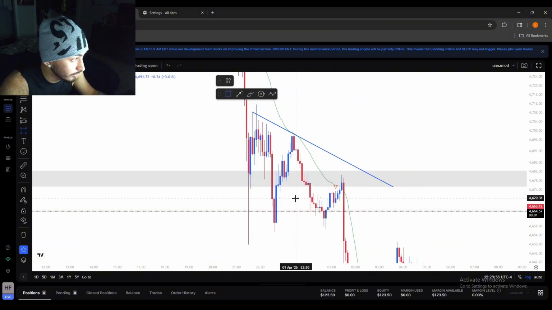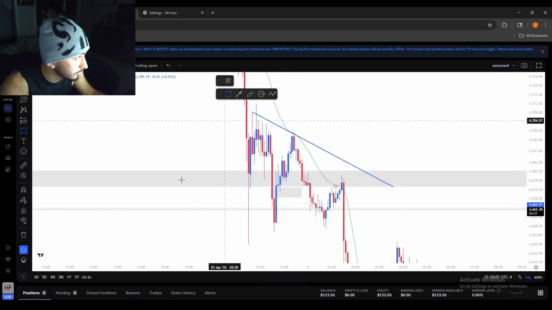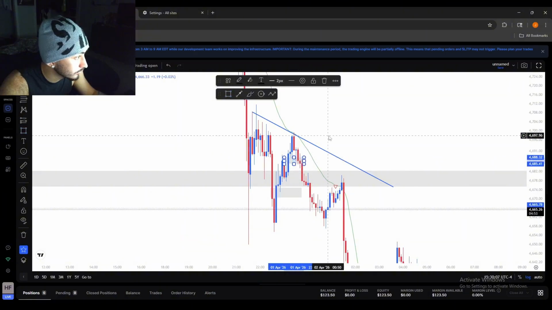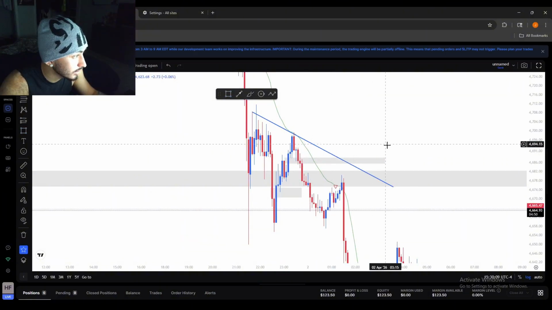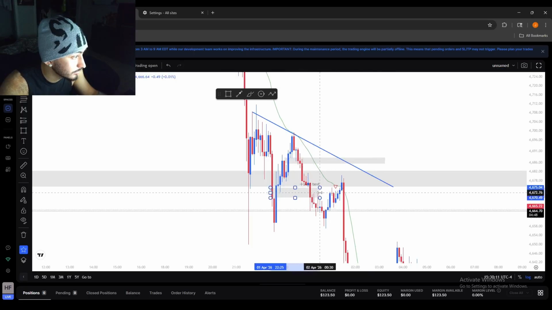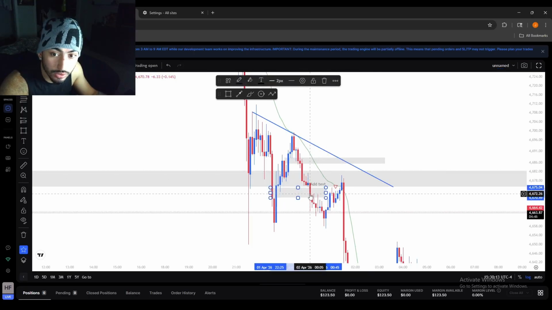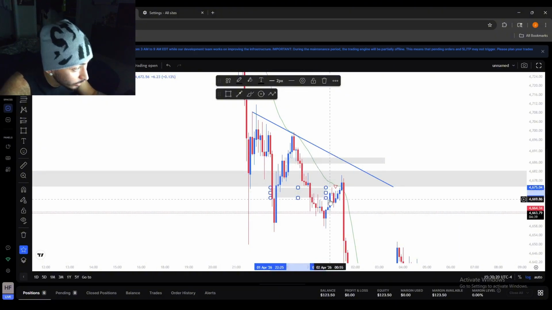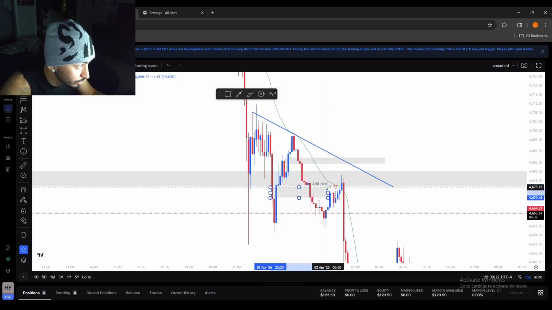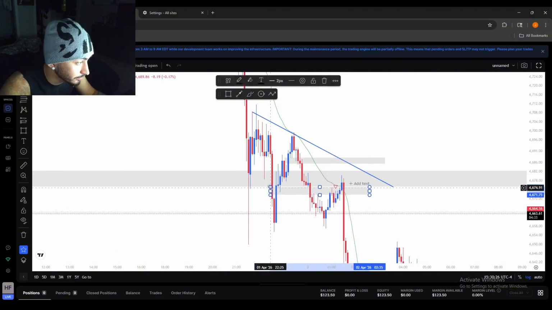So we can see that first it was bullish, but then we go ahead and see that price disrespected both bullish fair value gaps, creating an inverted fair value gap. But as well with that, it also created fair value gaps on the bearish side, as we can see here.